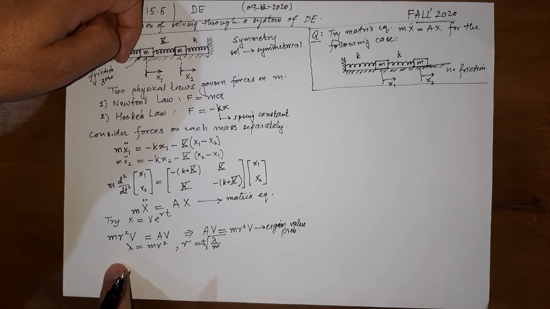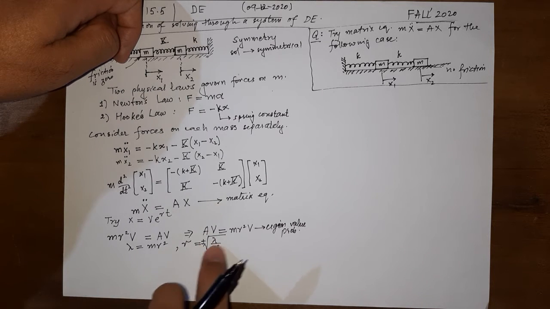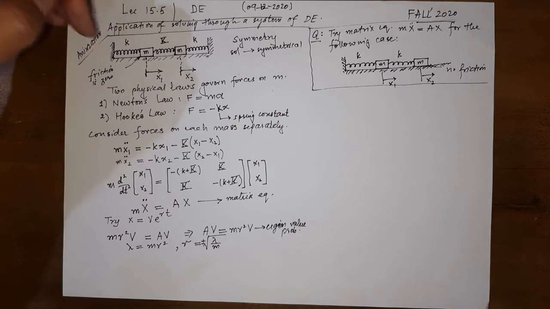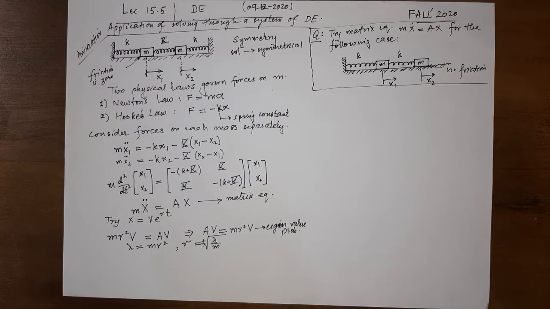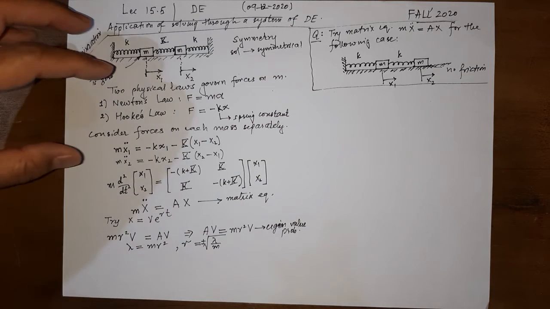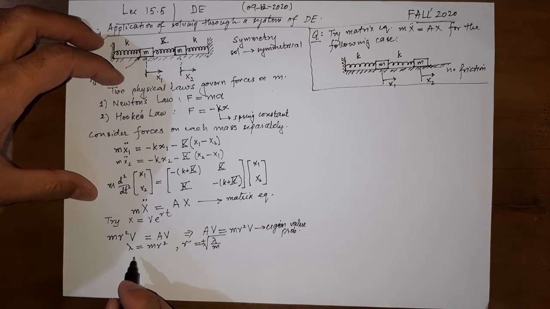For each eigenvector v1 and v2, we have two values of r. If we encounter complex conjugate eigenvalues or eigenvectors, we are going to use the principle of superposition to find the ultimate solution.